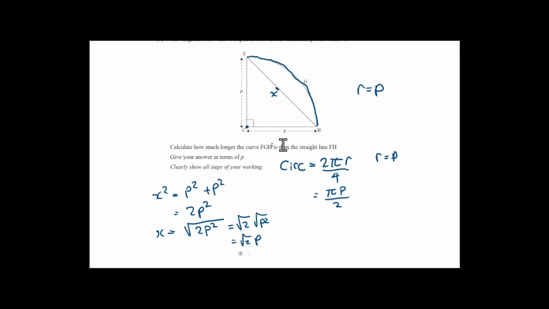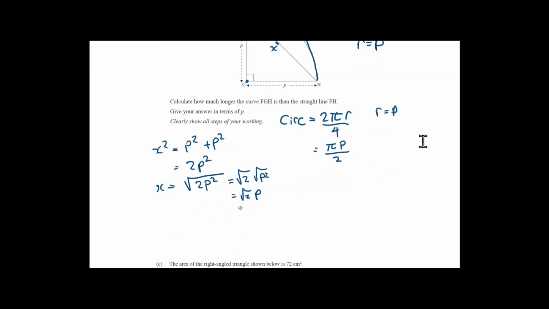Okay, so let's combine them. It just seems a bit messy. So the difference, therefore, is going to be equal to pi p over 2 minus square root 2 of p. I guess we could leave it like that.